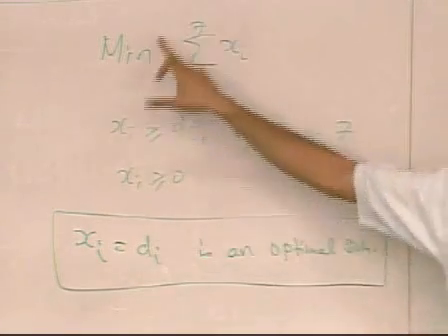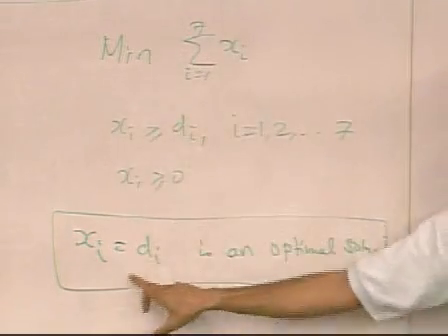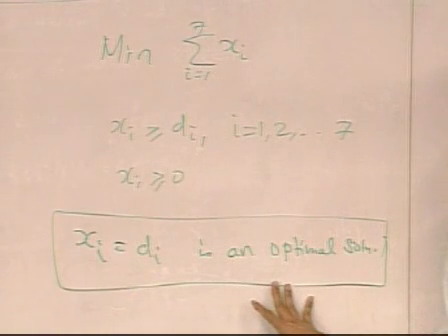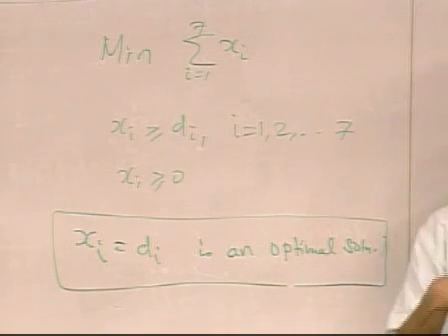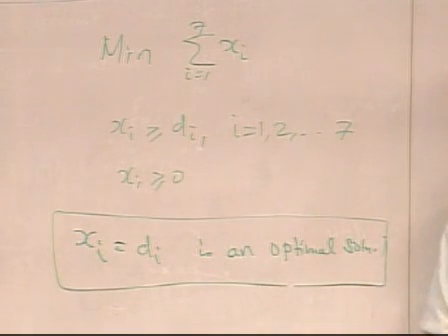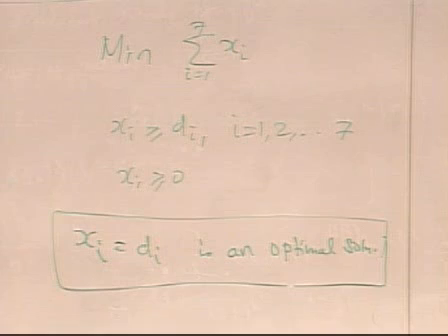For this particular linear programming problem, this is an optimal solution. Okay? Now, for the starting problem that you started with, what this is really saying is the following. If somehow you can find a solution in which exactly di people work on day i, then that is an optimal solution.